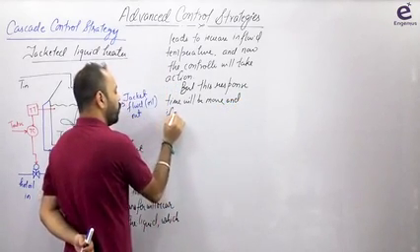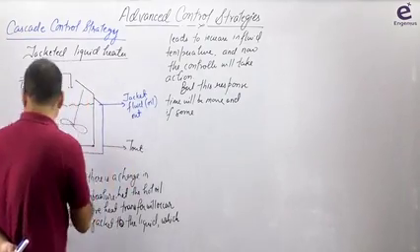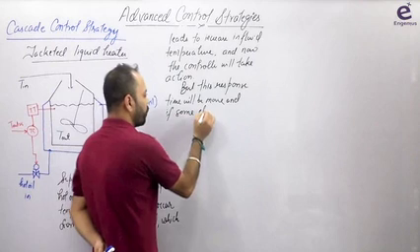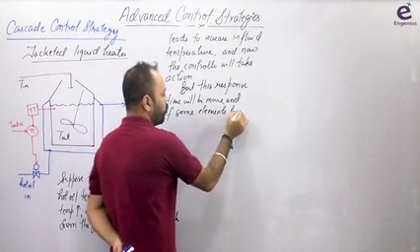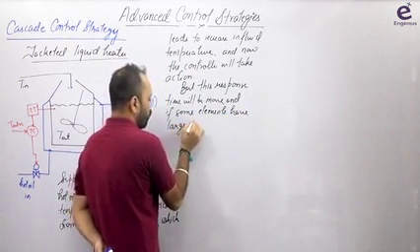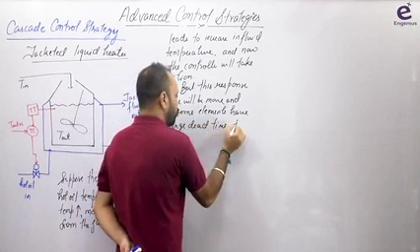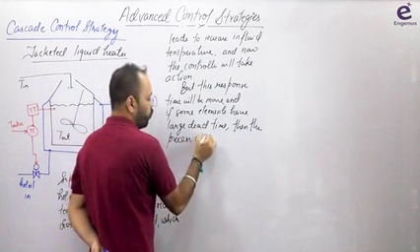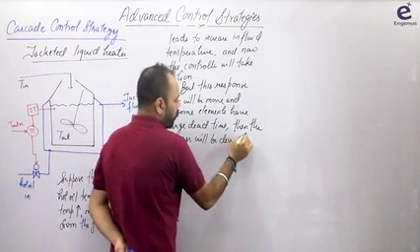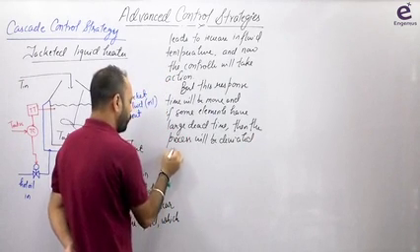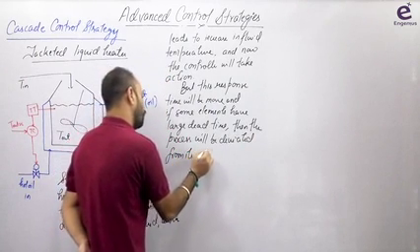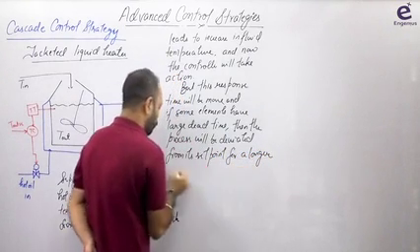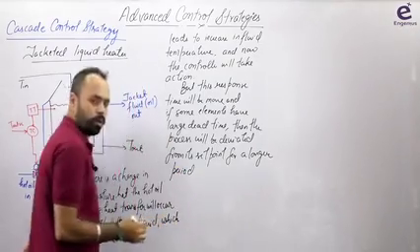suppose some elements, can be the transmitter, can be this, various elements, and if some elements have large dead time, then the process will be deviated from its set point for a longer period of time. Longer, understand? Because the controller will not get to know that something has happened.